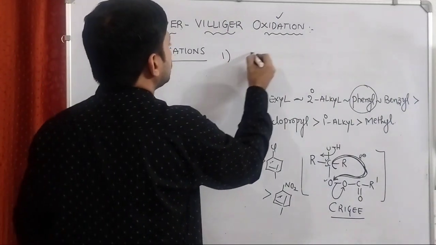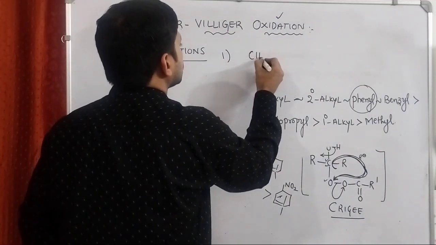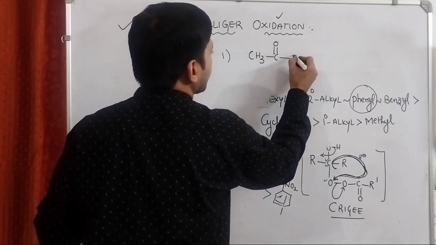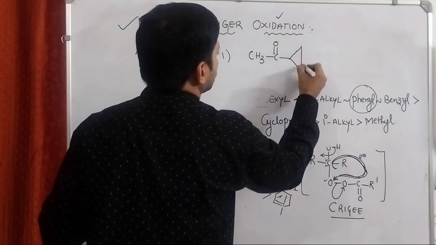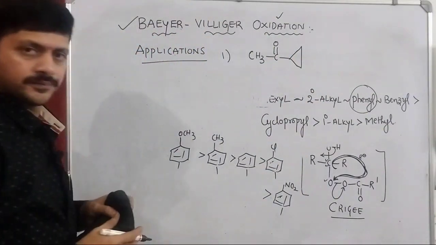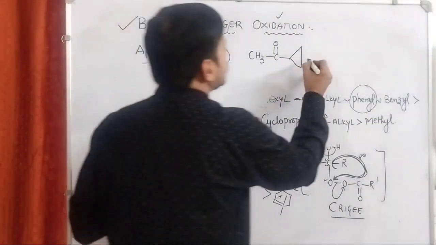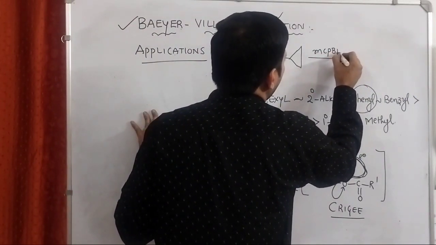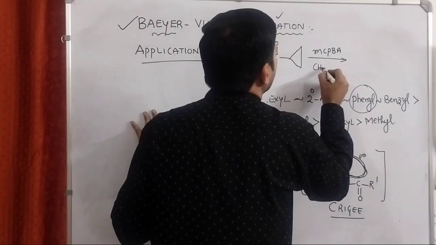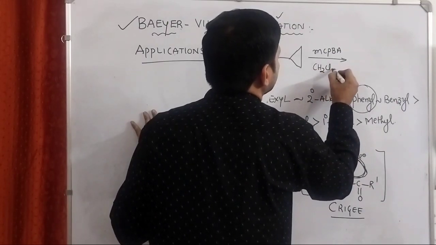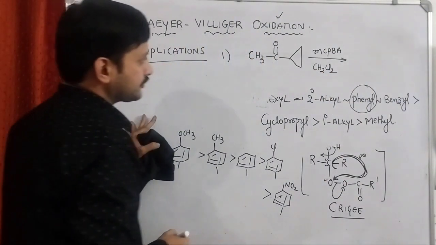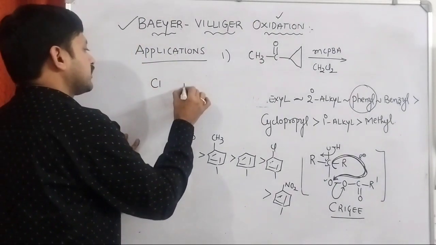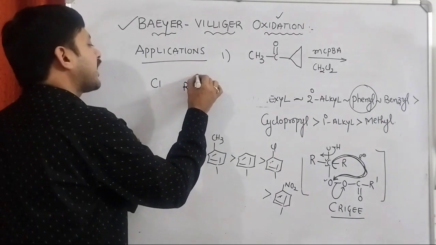The first application: CH3 C double bond O cyclopropyl. This is treated with MCPBA in DCM. Already we know the formula of peracid.